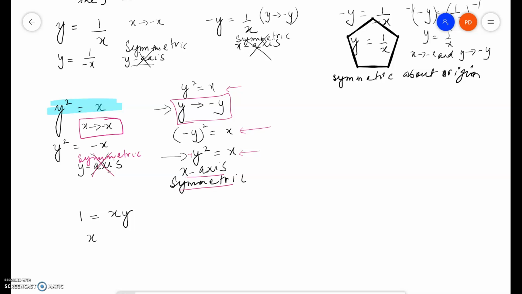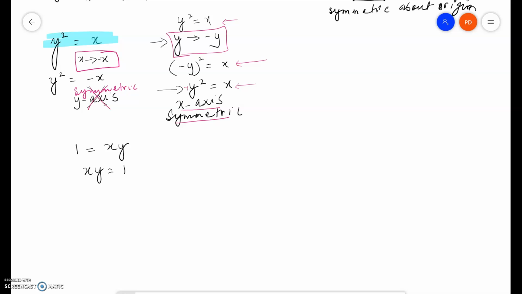Now we're looking at the last example here, xy equals 1. So xy equals 1 is the equation. And we'll check if the graph of the equation is symmetric about the x-axis, the y-axis, or the origin. So if we change x to negative x, we are testing for symmetry about the y-axis.